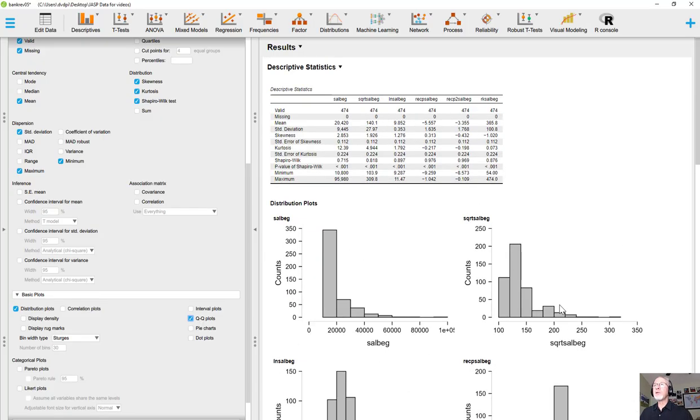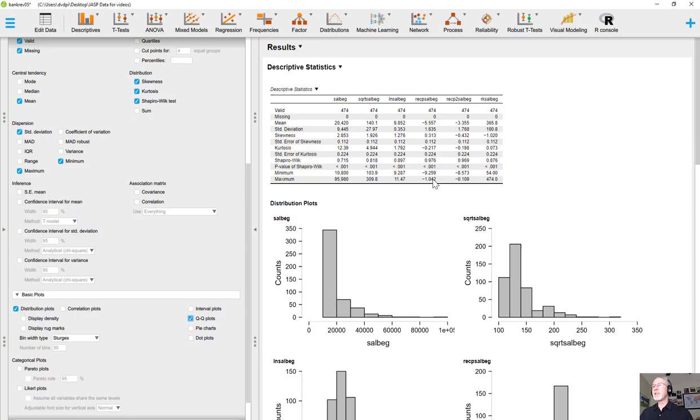So that is a simple way of looking at the distributions to see which one of our transformations did best in dealing with problems of skewness and kurtosis. We now have a good idea which one that is.